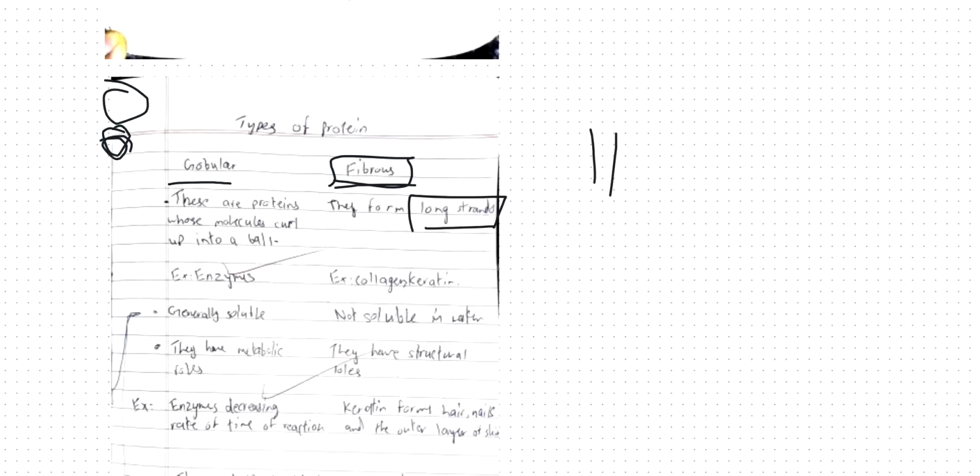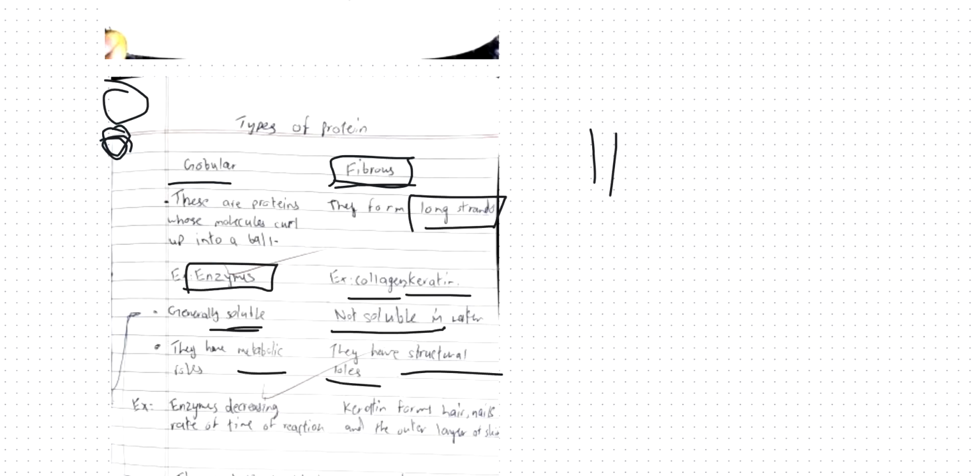Examples of globular proteins are enzymes, and examples of fibrous proteins are collagen or keratin. Fibrous proteins are not soluble in water. They mainly have structural roles, whereas globular proteins are generally soluble in water and they have metabolic roles.